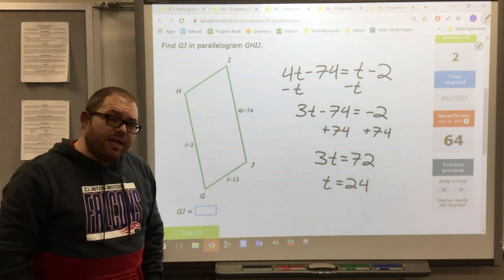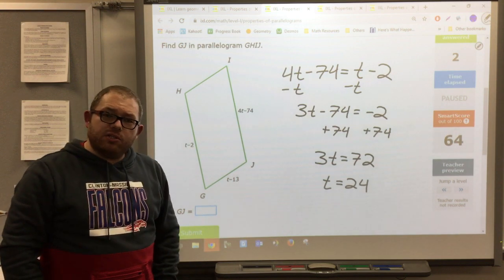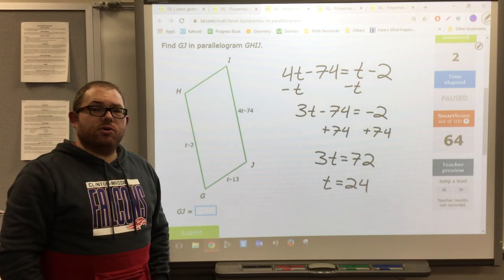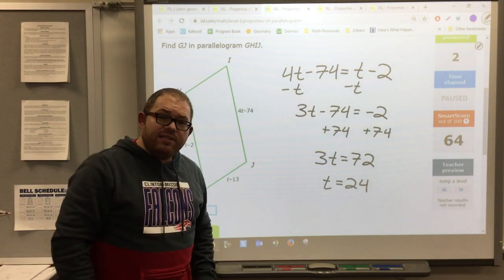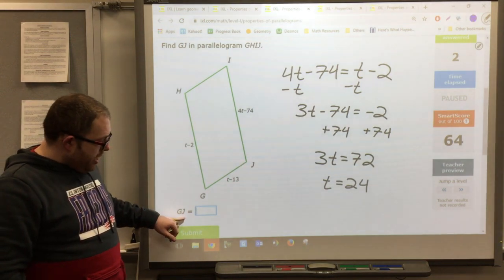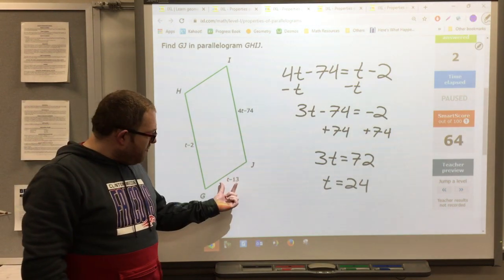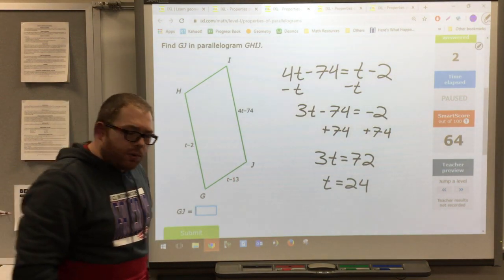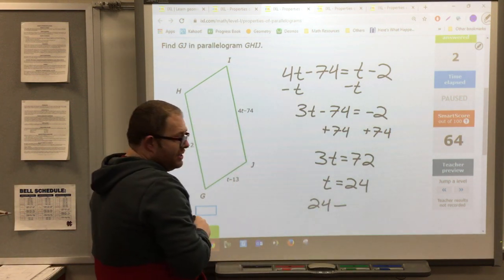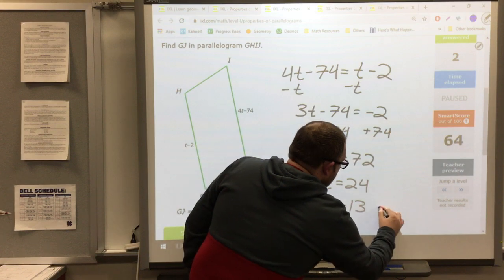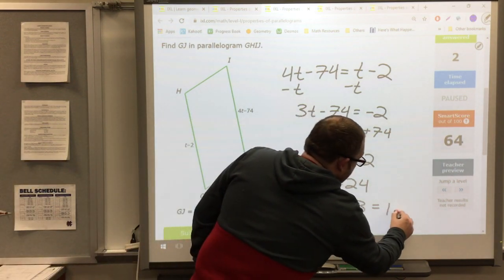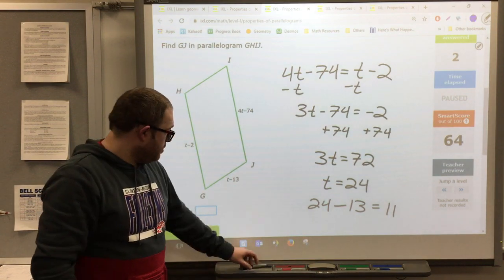But if you type in 24 for your answer, you'll get it incorrect. In order to get the answer correct, we have to take the t value and substitute it in for GJ. So I have to plug 24 in and take 24 minus 13. That should give me a final answer of 11.